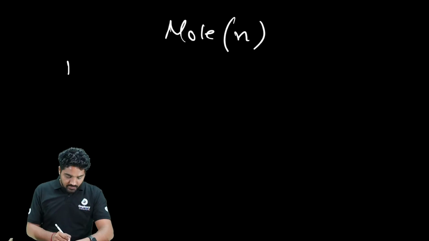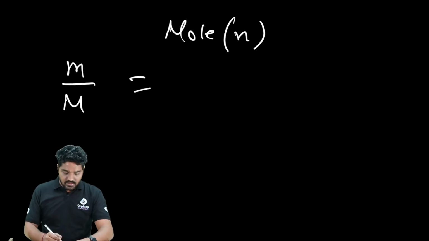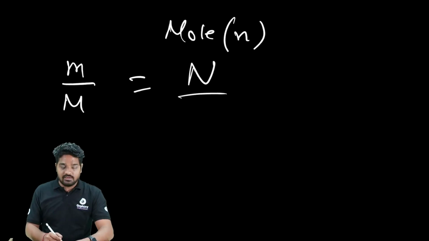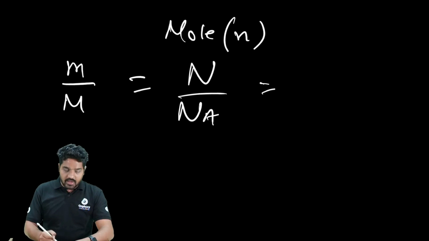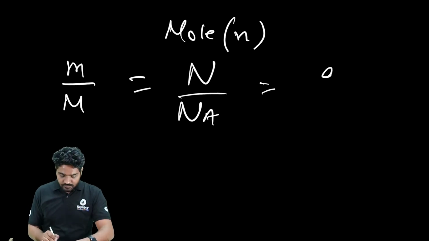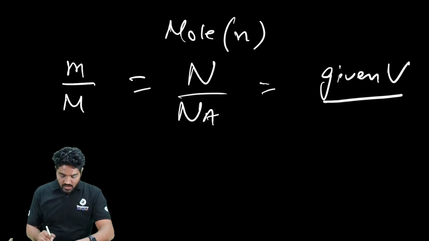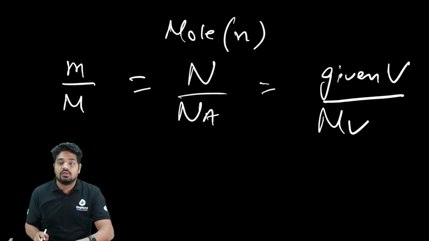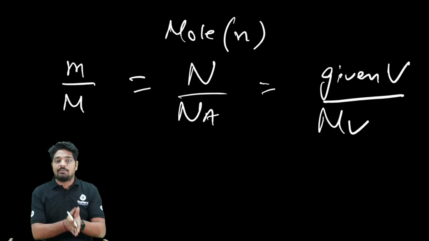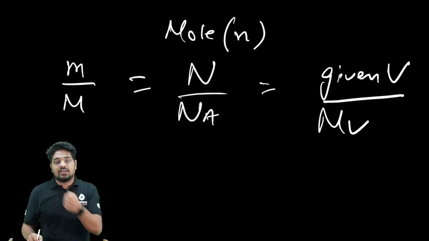Let's say given mass upon molar mass, साथ में मैं number के form में निकालना है, तो given number of particles upon Avogadro number, or I can simply calculate it with the given volume upon molar volume. Alright, so with the help of these three formulas I can calculate anything.